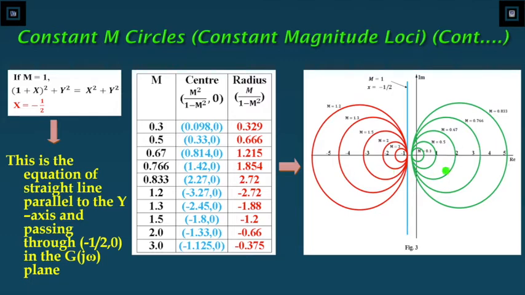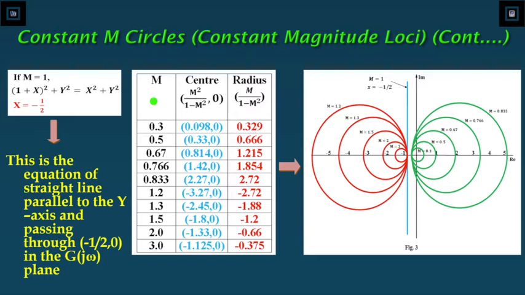The M circles for m greater than 1 are on the left hand side of this line, m equal to 1, and for m less than 1, the constant M circles are on the right hand side of this m equal to 1 line. This M is the magnitude of the closed loop frequency response.